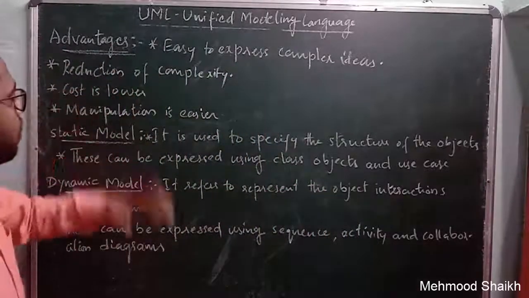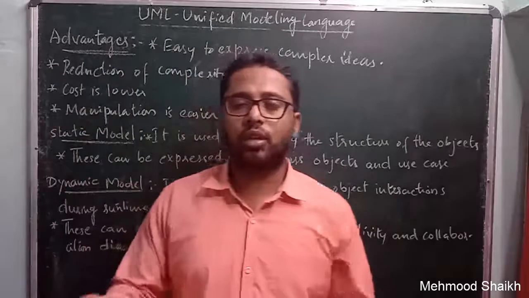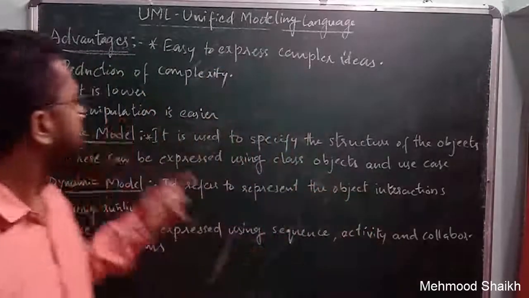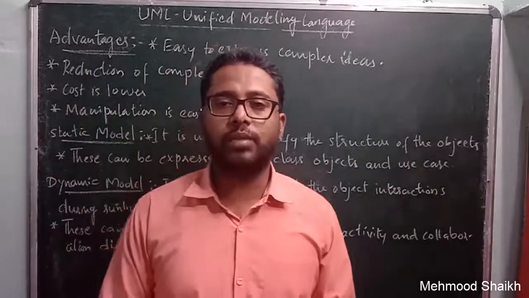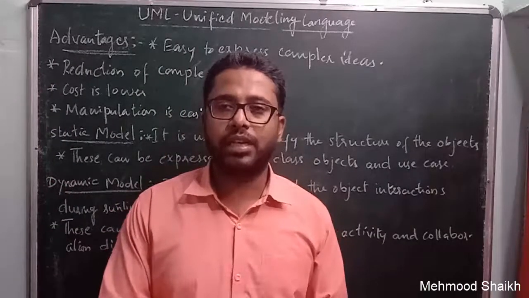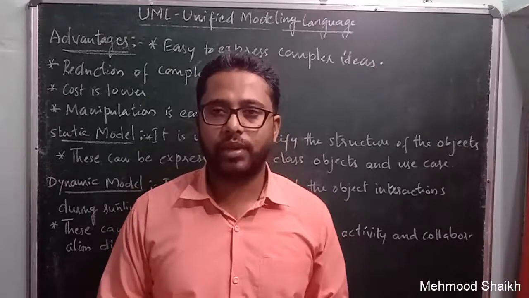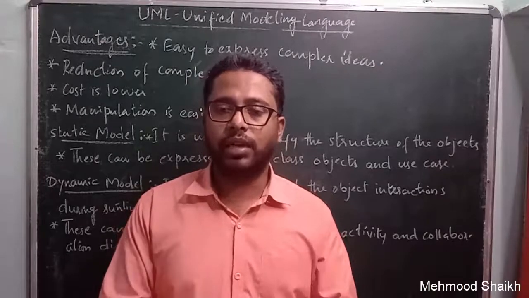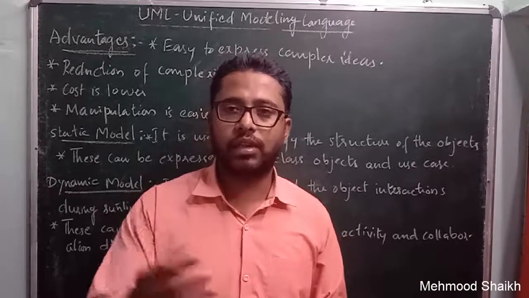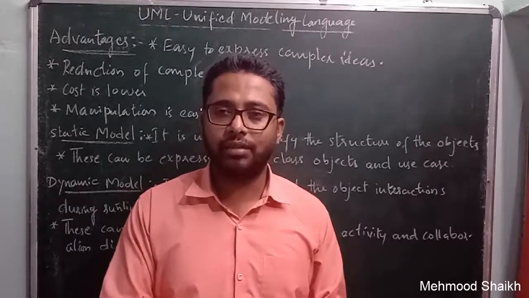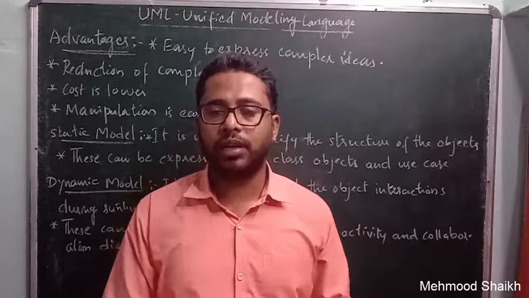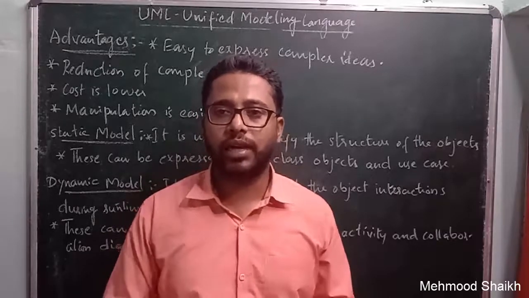Next one is reduction of complexity. Yes, we can reduce the complexity during the system. Next one is cost is lower. The model usually will be developed at the initial stages of the development, where we have to confirm the requirements and the functionalities with the client. If we make the model at the initial stages, then we can show the model to the customer and take the approval from the client.